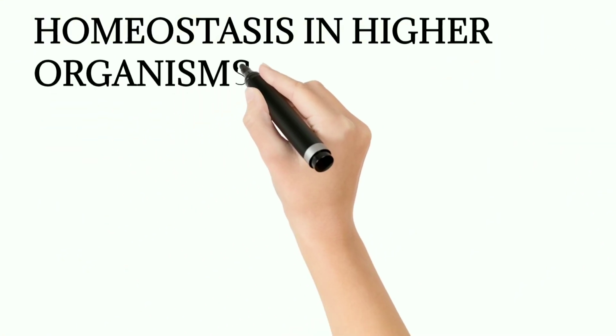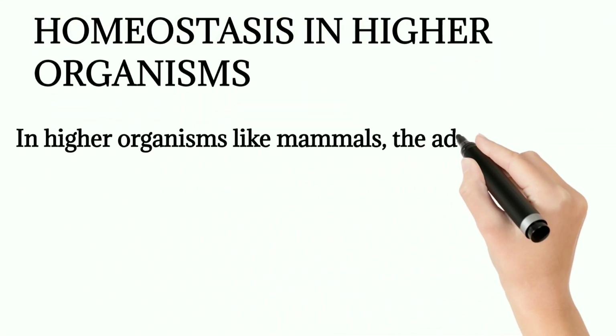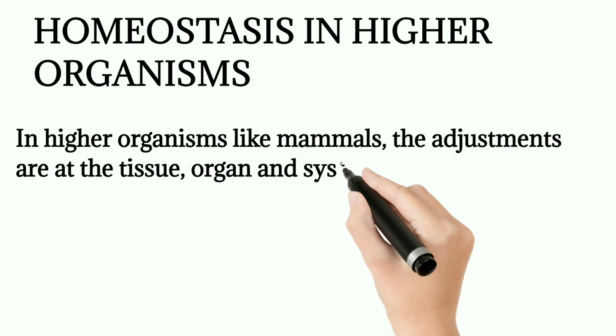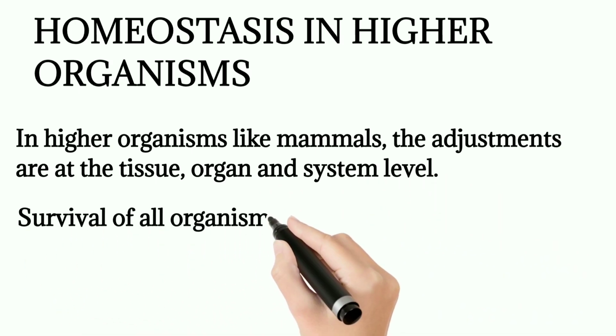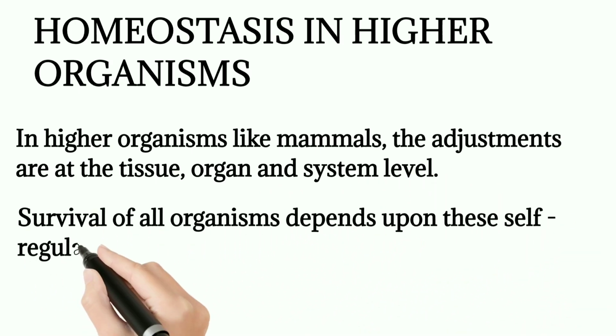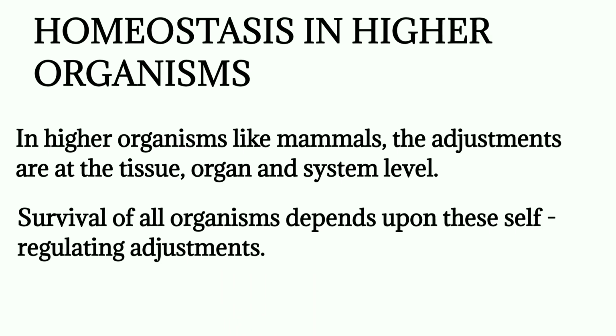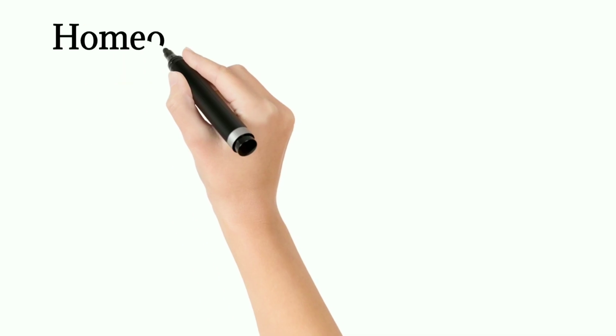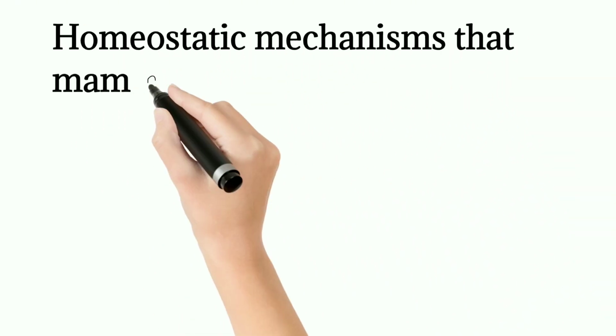So let's move on. Homeostasis in higher organisms takes place at the tissue, organ, and system level. And for these organisms to survive, they have to adjust to pH, temperature, nutrients, and so many of them.